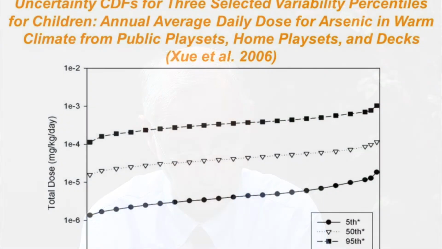So slide 21 shows the variability distribution of predicted arsenic dose for children playing on a play set or a deck is around 10 to the minus 5. That's the variability distribution.